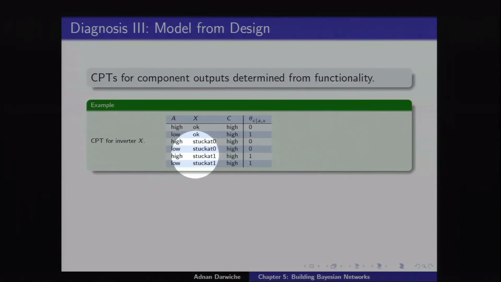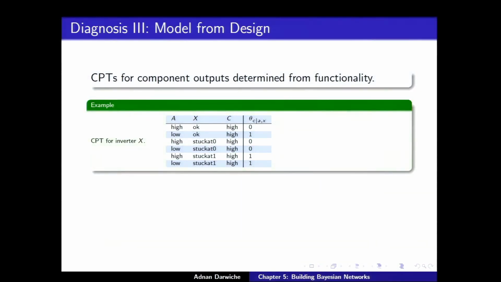When the inverter is okay, I know exactly the relationship between the input and the output, so it's going to be 0 and 1. If it's stuck at 0, stuck at 1, all of that I know. So this is what we call a deterministic CPT. Everything is 0, 1. There's no uncertainty. It's like a function. Completely automated. If I know how inverters work, and I know what is the meaning of stuck at 0, stuck at 1, done. That is automated.